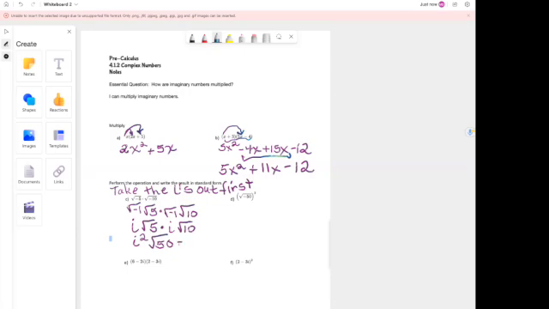We learned on Tuesday that i squared is -1. And I can factor 50 into 25 times 2. Square root of 25 is 5. We're going to multiply -1 times 5, and then I have square root of 2. So my final answer is -5 square root of 2.